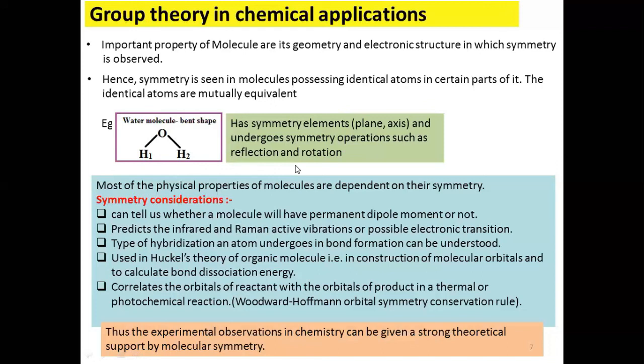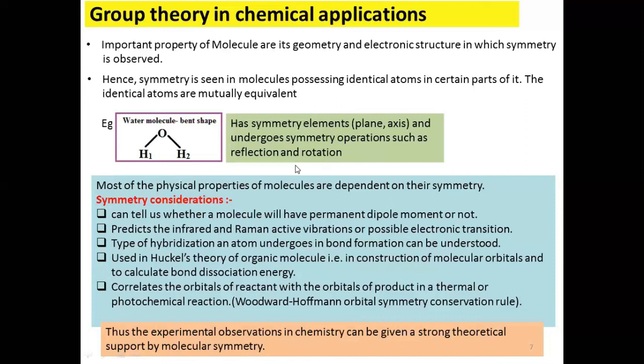Because by doing that, we can categorize the molecules which belong to a particular group, and in this case we say it belongs to a particular point group. So we classify the molecules based on symmetry.